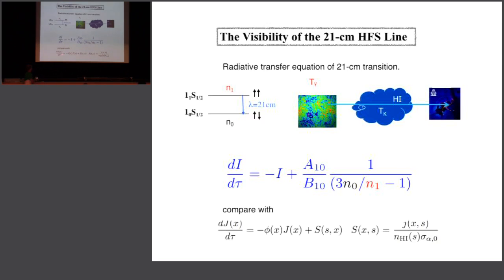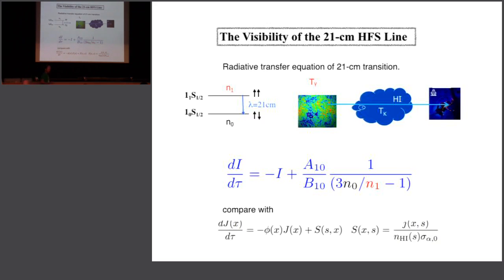So I wrote this one down: you have the angle averaged intensity, that's basically the same here. I have this line profile function, which is not here, but that doesn't really matter, it's just a notation thing. In any case, here, for example, I had a source function, which is volume emissivity over an opacity term, and you see that this term enters here as well.